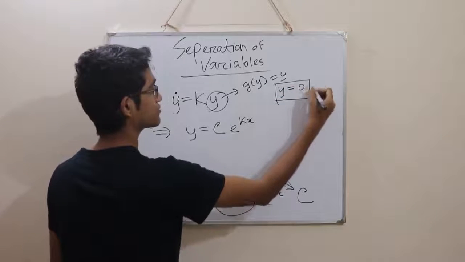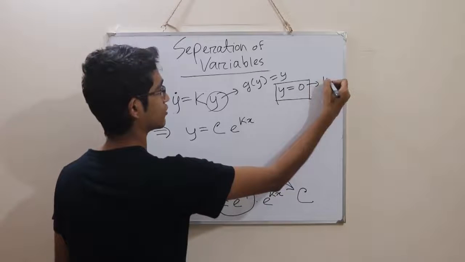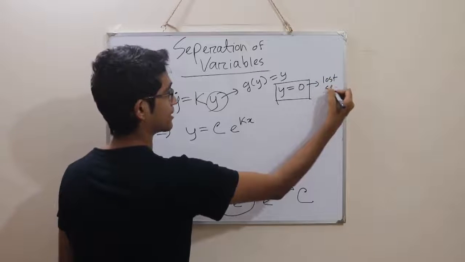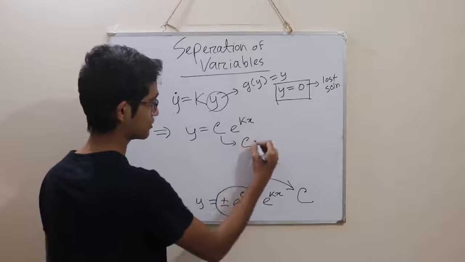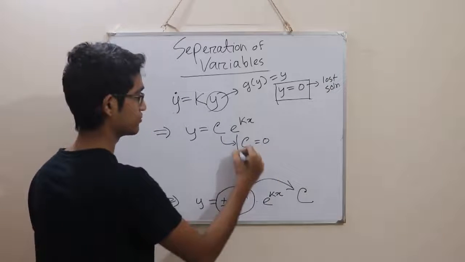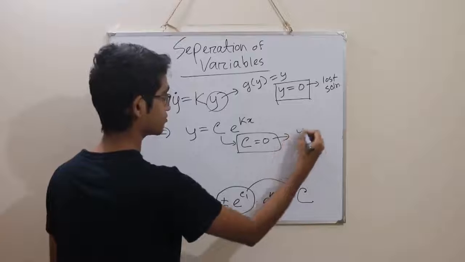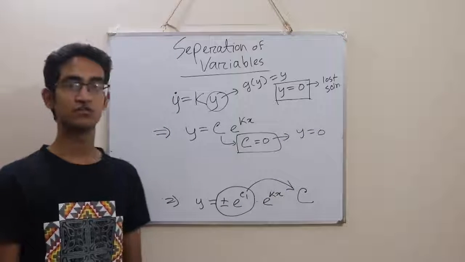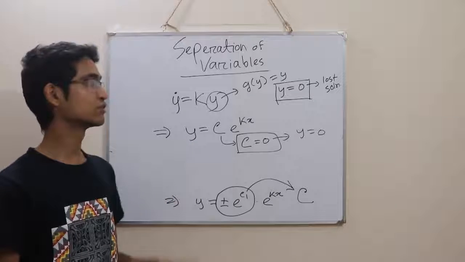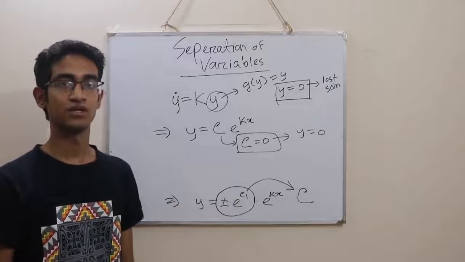So this should have been the lost solution. But it appears that if we simply set c equal to 0, as this is now a parameter, it gives rise to y equal to 0. So it appears to be as though we haven't lost a solution here.